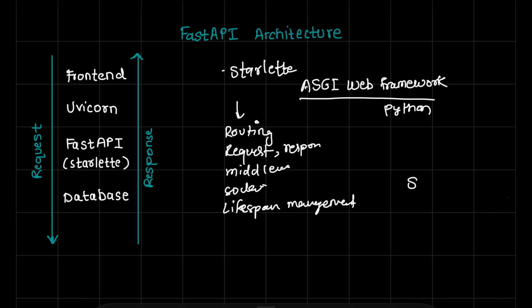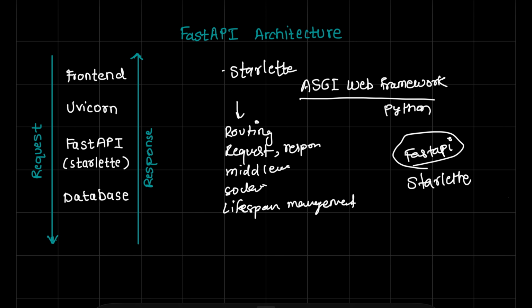So we usually say that Starlette is the foundation framework for FastAPI. If Starlette was not there, then FastAPI is nothing, because Starlette provides the routing, request, middleware, all this stuff that is important for your backend. Most of the capabilities of FastAPI are coming from Starlette only. That's it. Nothing else is there.